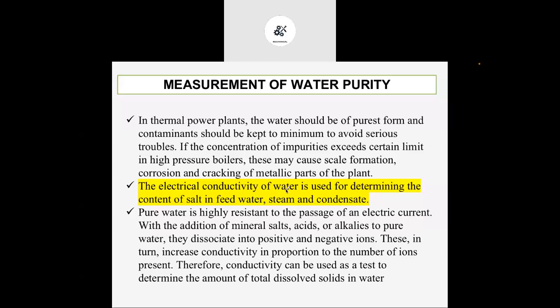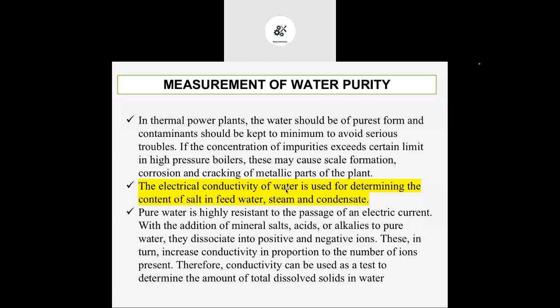So when we try to pass an electric current through water having dissolved salt, it will conduct electricity, because of the dissolved salts, acids or alkalis present inside the water.